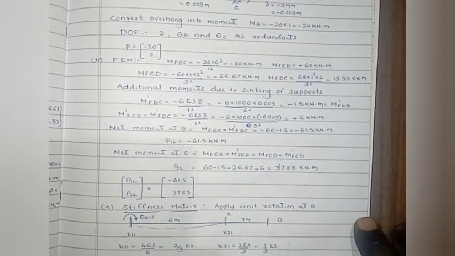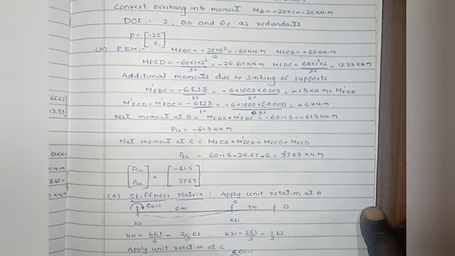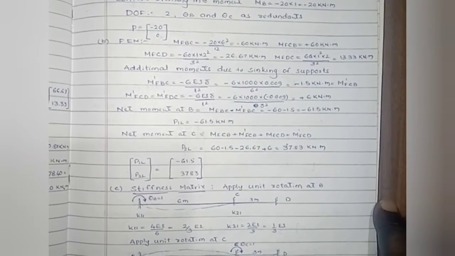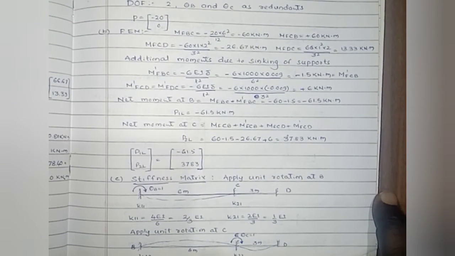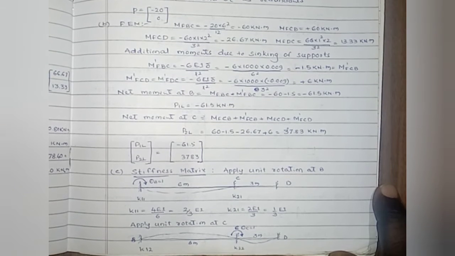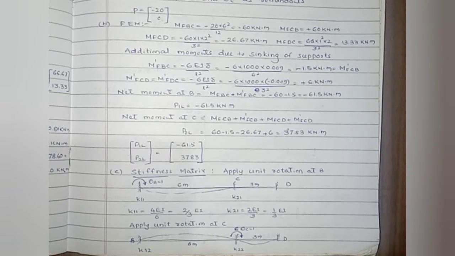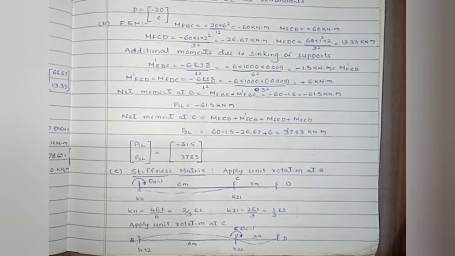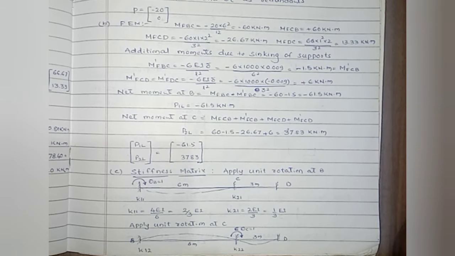Now we can get the stiffness matrix by applying the unit rotation at coordinate 1 and coordinate 2 separately. Here now apply the unit rotation at coordinate 1 or at B by considering all the supports as fixed support. Then at B, theta B equals 1 due to the unit rotation at coordinate 1.